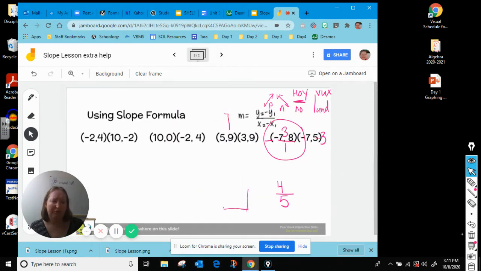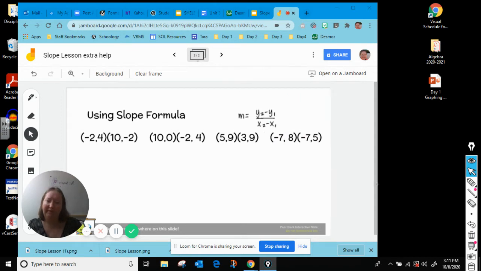Now, you also need to be able to find the slope between 2 points. I know I give you this formula and I tell you to use it, but really, if you want it to be as simple as humanly possible, think about it like this. You're going to have the y's at the top.